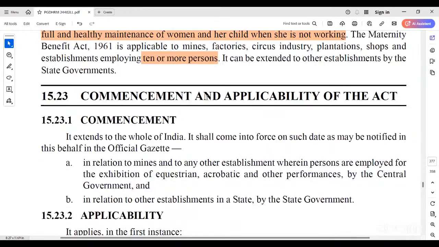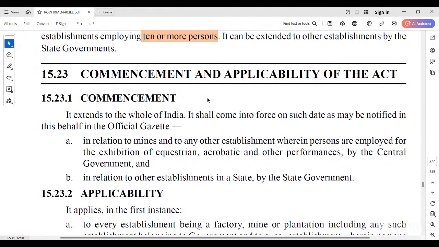Then, this act extends to the entire India, the whole of India. It shall come into force on such date as may be notified in the official gazette.